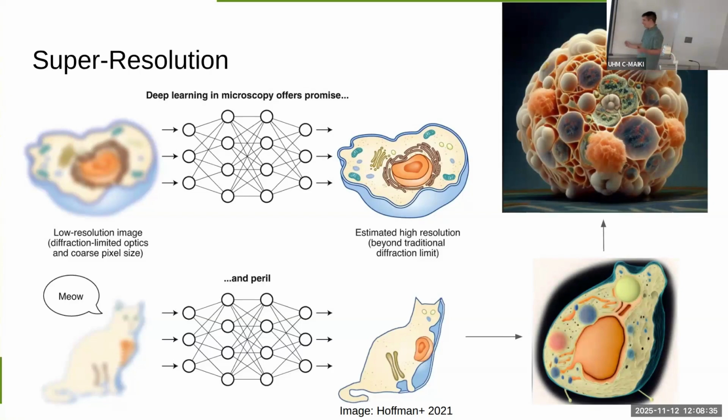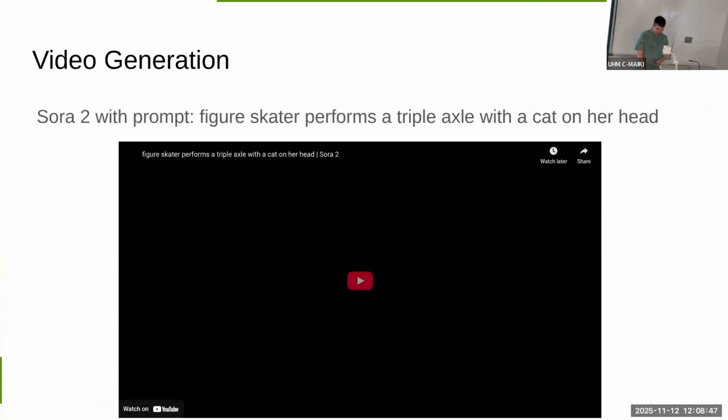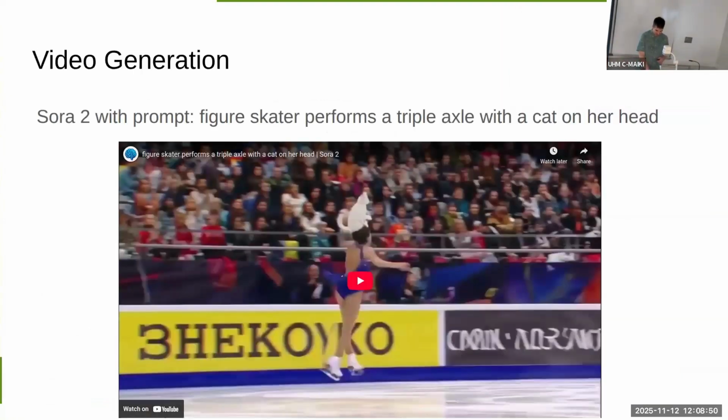So all of this to say that we have these very powerful image generating techniques. You need to know what they're doing and use them responsibly, because otherwise you'll just end up with junk. Something that happened, if you extend this to videos, video is just an image with higher dimensions.